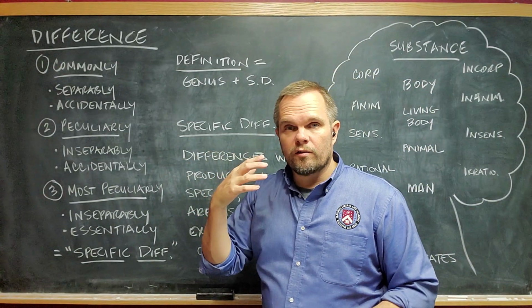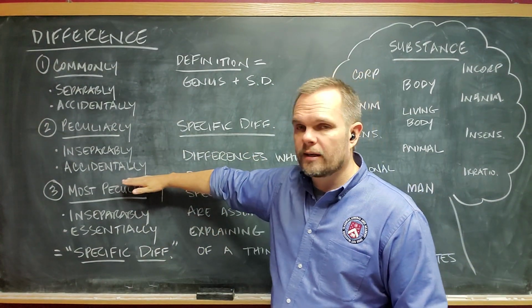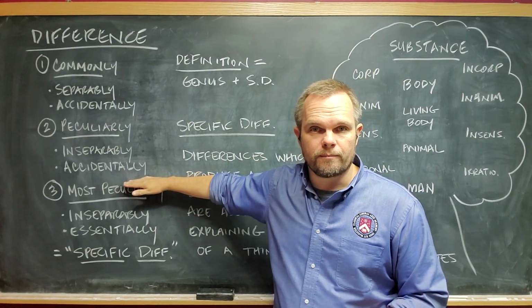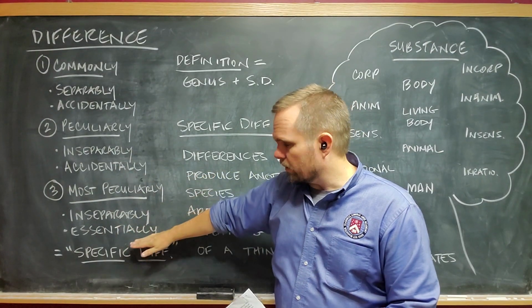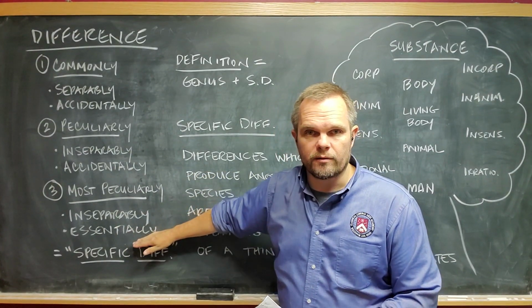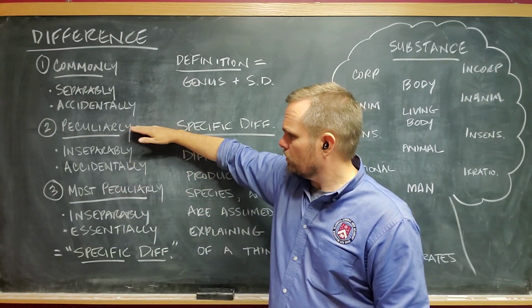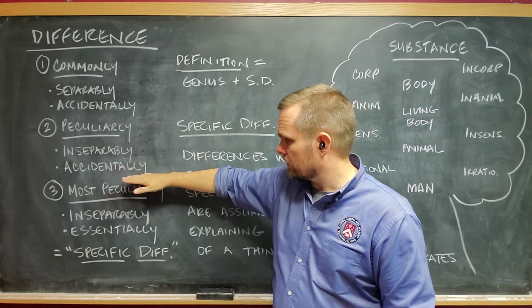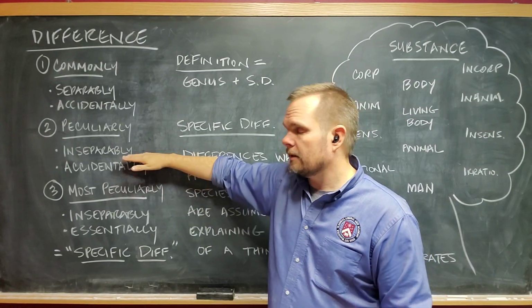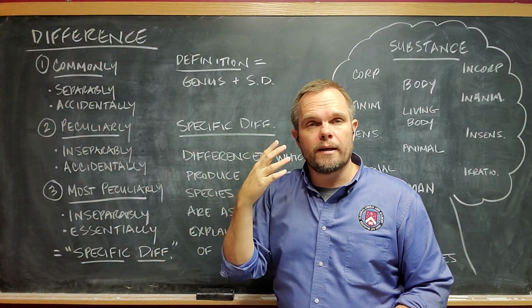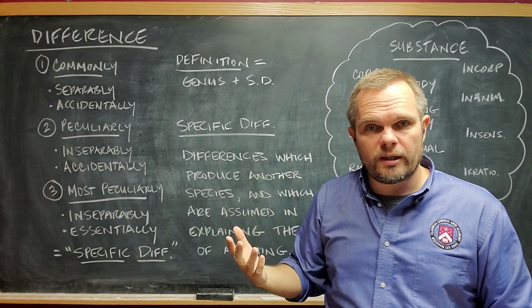The quality of blue eyes is accidental to a person. And we'll see what this means exactly when we study this third meaning of difference. But a peculiar difference is accidental. It's not essential to a thing. And it's inseparable. The color of a man's eyes will never change.